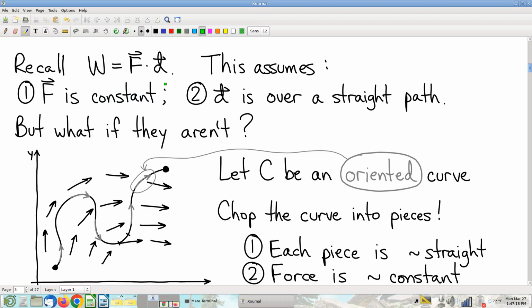In particular, we found that it matters which way we go. We can't just talk about a curve. We have to talk about an oriented curve in order to be able to talk about, in particular, the displacement. What is our displacement if we don't know which direction we're going? Right? So that direction matters.